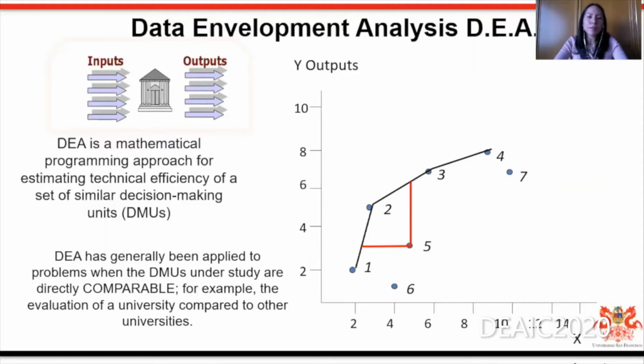DEA provides a measure of the amount by which units will need to change to become efficient through radial projections to the frontier. What is interesting yet challenging about this study is that it involves the comparison of DMUs, in this case economic activities, that in most respects are not directly comparable. High technology industry compared to farming, for example.